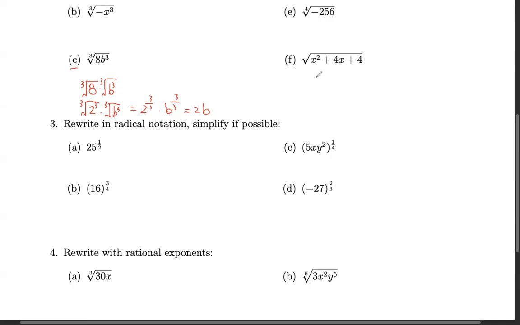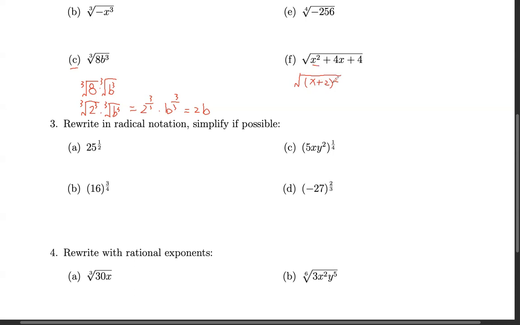Now let's see F. For F, we have x squared plus 4x plus 4. If we remember the formula, this equals (x plus 2) squared. The first one squared, x squared, is this one.